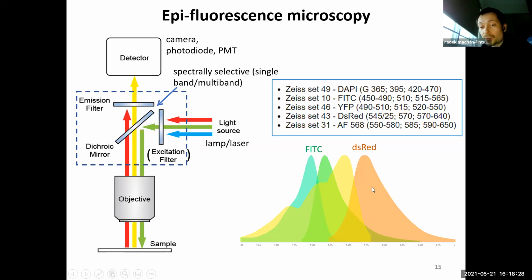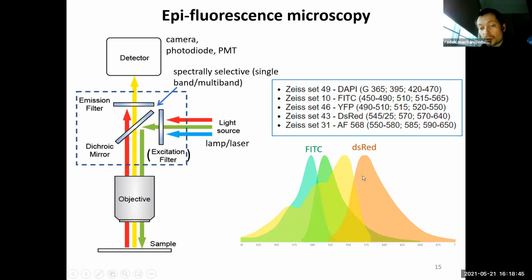So if I have fluorophores with overlapping spectra, I might face issues of spectral crosstalk. That means that one fluorophore contributes to the channel for the other fluorophore.